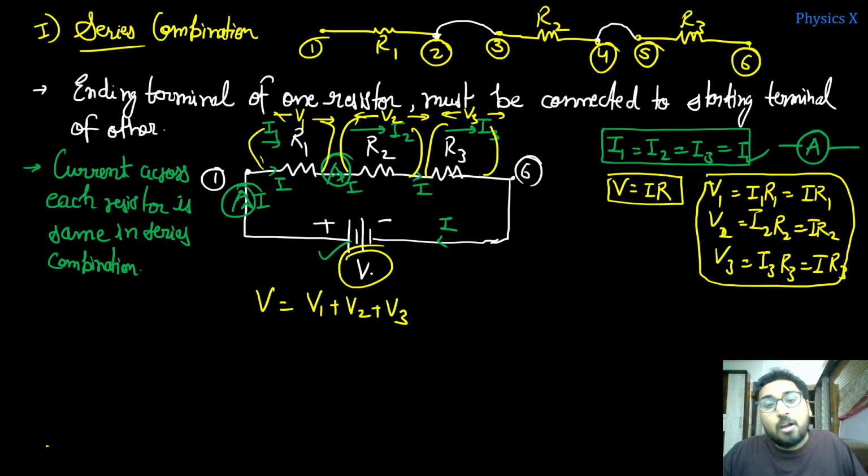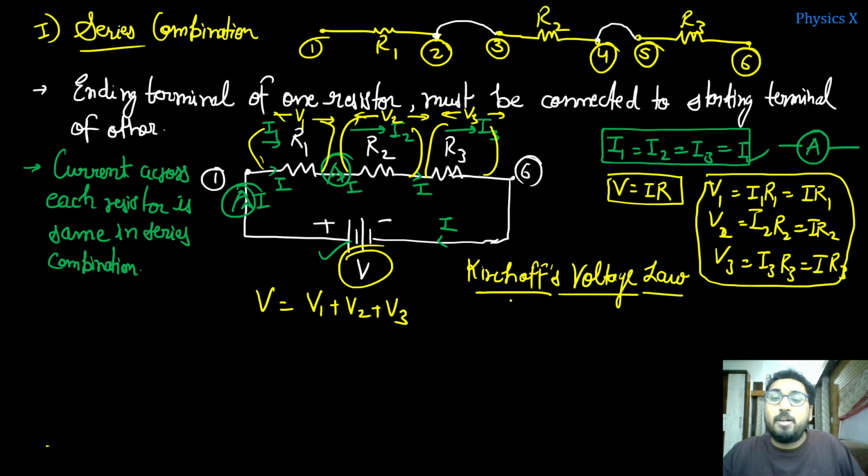This is actually a law, referred to as Kirchhoff's voltage law. It is not mentioned in your textbook, but it is better to know right now. Kirchhoff's voltage law states that across a closed path, since I have a closed loop, the sum of all the voltages applied is equal to the sum of the voltage drops across each resistor, which is the case here.